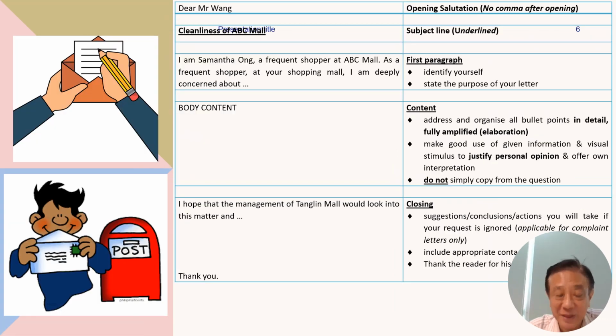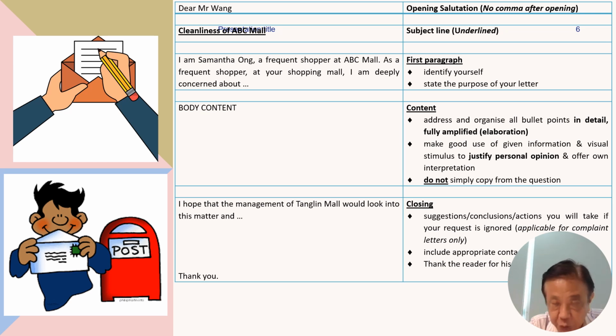Now, following this would be the salutation, all right? What is also known as the opening salutation. After that, you would also have to include the subject line, right? In this case, the cleanliness of ABC Mall. And then after that, you will have your introduction, right?